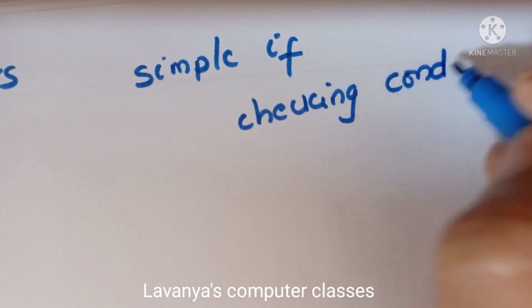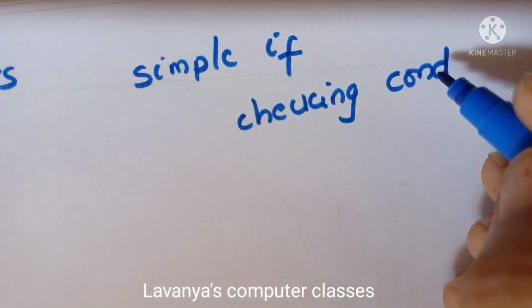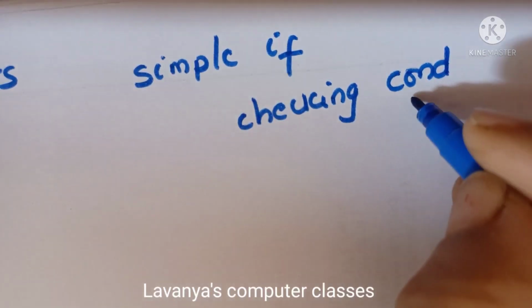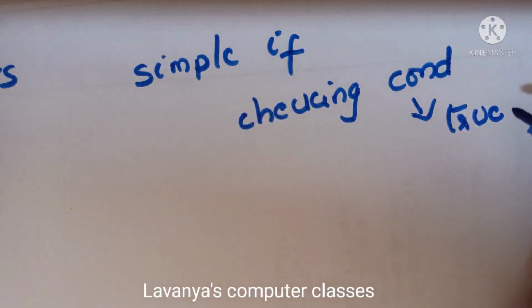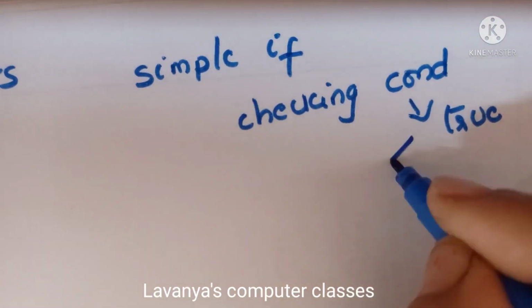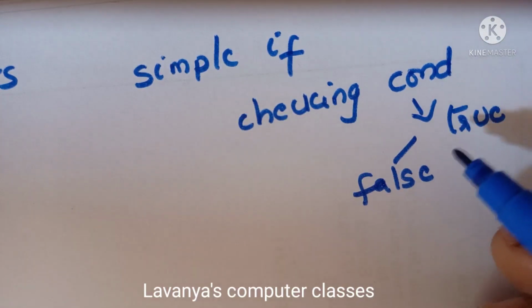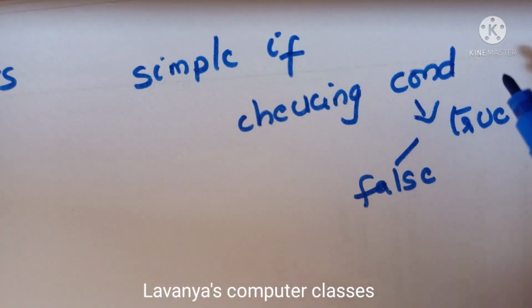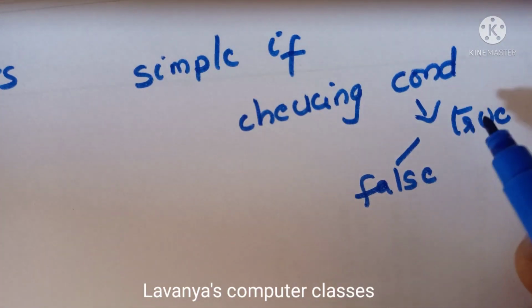The condition may be either true or false. The simple if explains only what happens if the condition is true, what you want to do. If the condition is false, it exits from the statement and does not do anything.